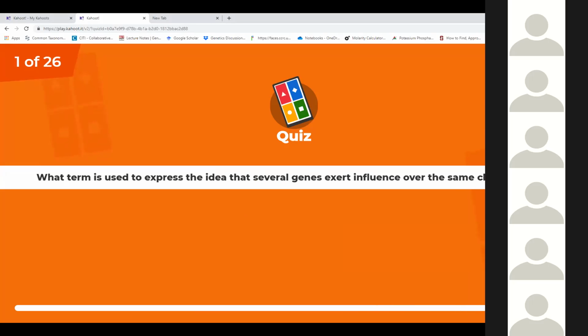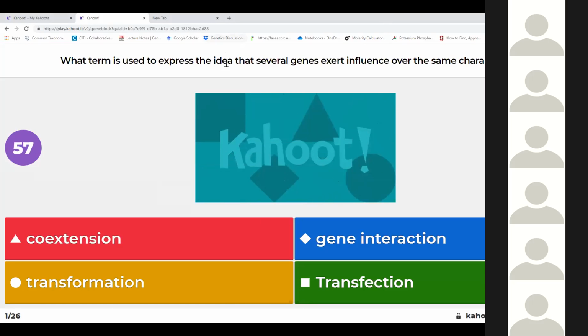So what term is used to express the idea that several genes exert influence over the same characteristic?